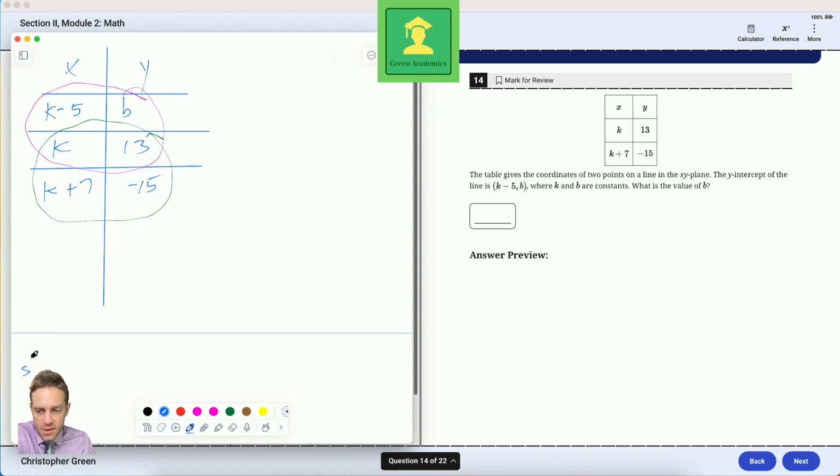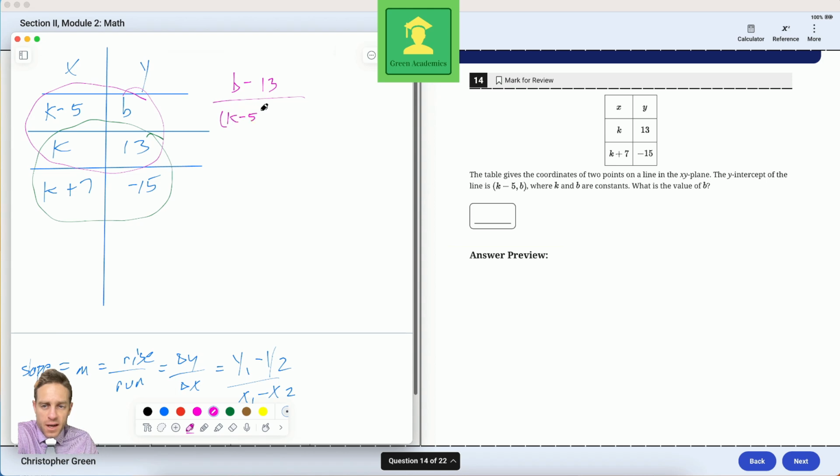So when I say slope is m as in Mary, which is rise over run, which is difference in y over difference in x, which you could have written as this. Now, for the pink, for the slope that conjoins these 2 points, it would have been b minus 13 over the quantity k minus 5 minus k.